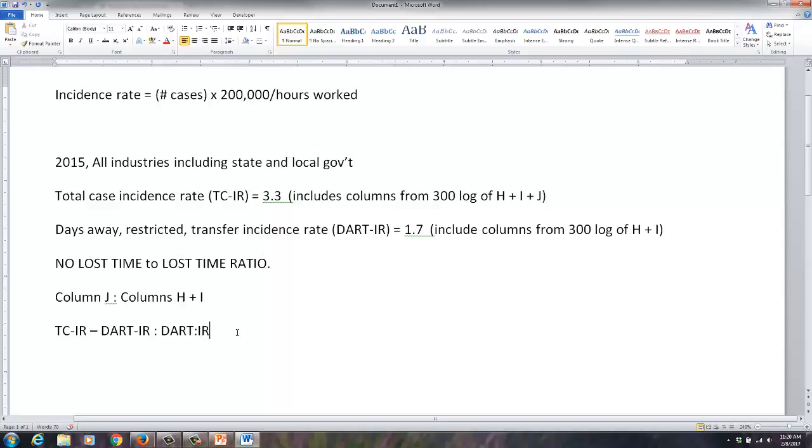So that's how we can look at the Bureau of Labor Statistics and come up with a national, all industries, including state and government, injury ratio. So TCIR, based on that, is 3.3 minus 1.7, and that's compared to 1.7. That comes down to 1.6 to 1.7, which is approximately a 1-to-1 ratio of minor to major injuries.